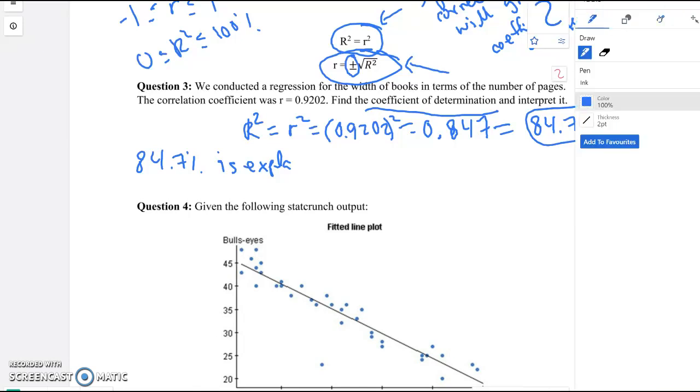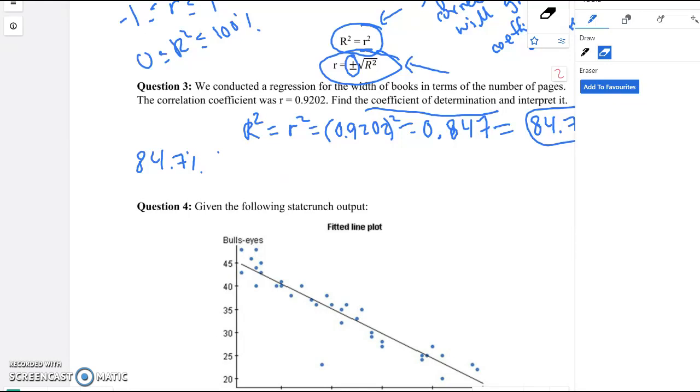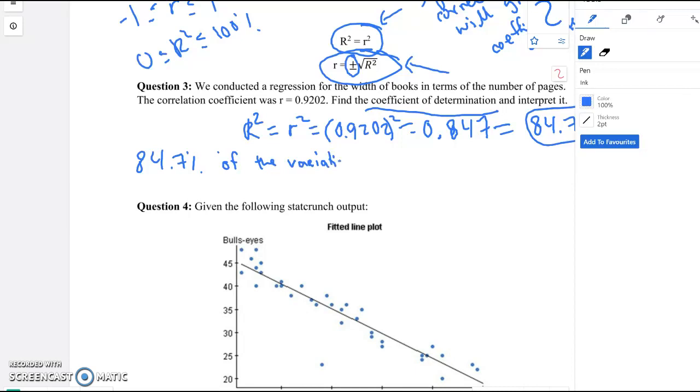Let me erase this again. 84.7% of the variation in book widths is explained by the number of pages.